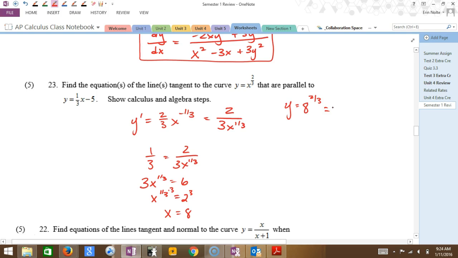So what is that? 64 to the 1/3, the cube root. So 4, right? Okay, so my point is 8, 4. So my equation will be y minus 4 is equal to 1/3 times x minus 8.